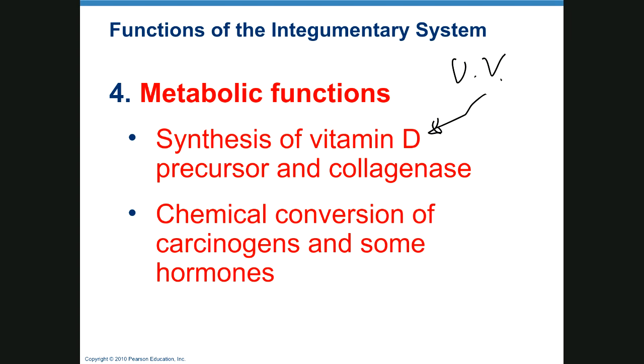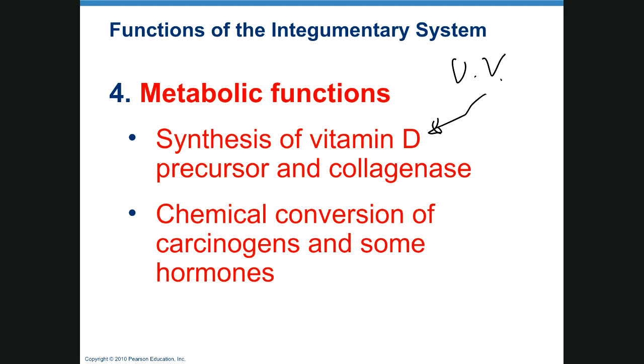Vitamin D is a complex vitamin. Its synthesis begins in the skin, then it continues on in the liver and the kidneys. But the beginning process is in the skin. We're going to talk more about vitamin D in the next chapter because it is important in the absorption of calcium from the intestines.